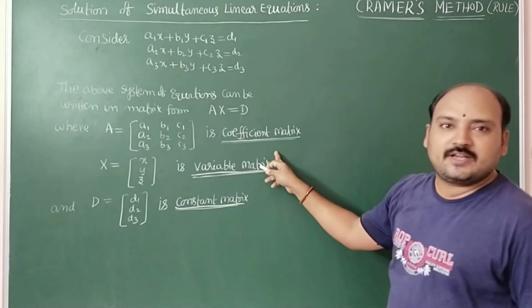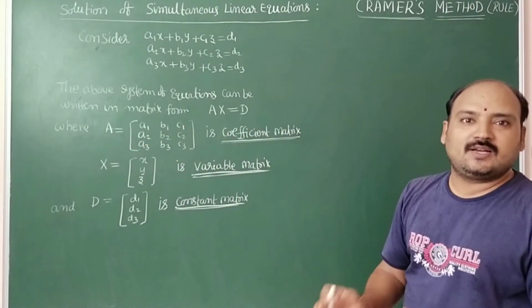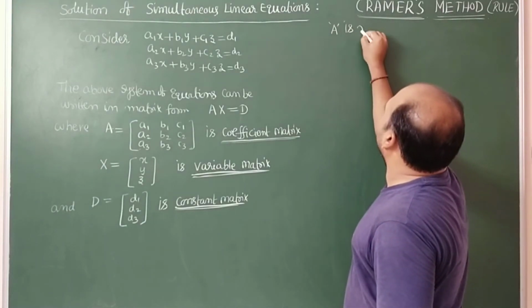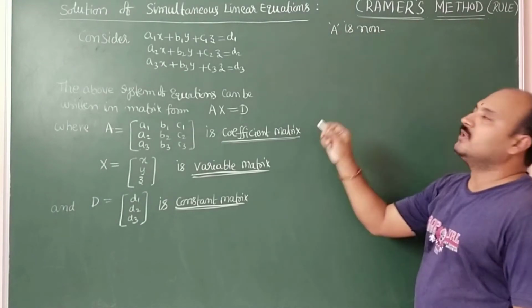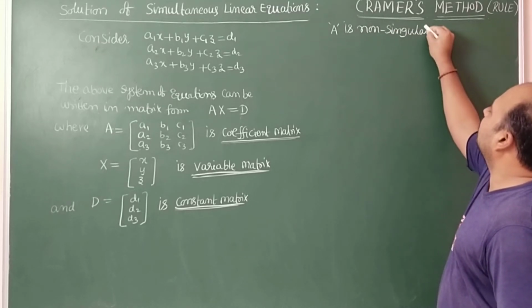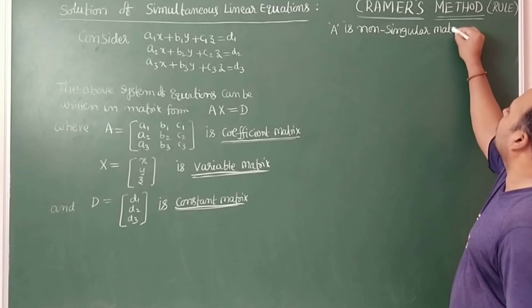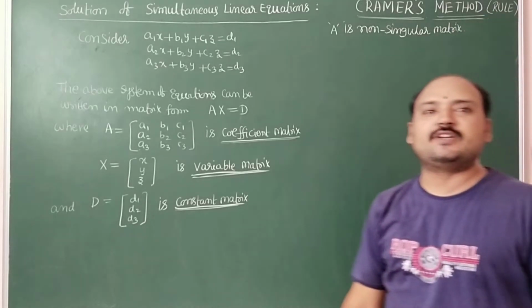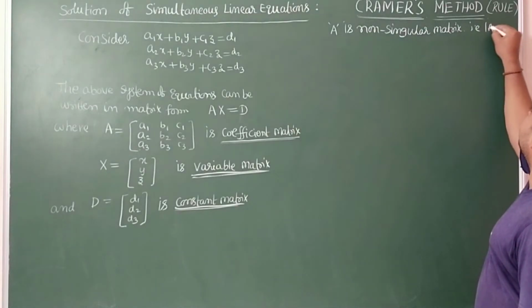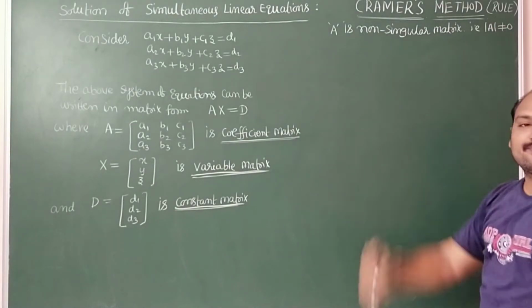A is the coefficient matrix which is a non-singular matrix. That means its determinant is not equal to 0, that is, determinant of A is not equal to 0.